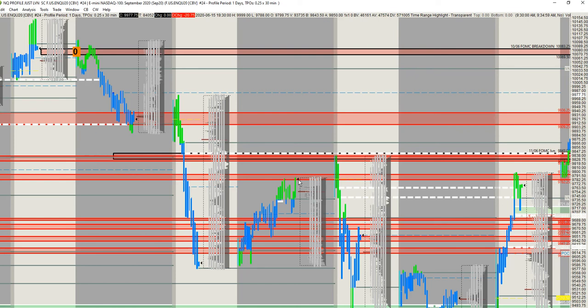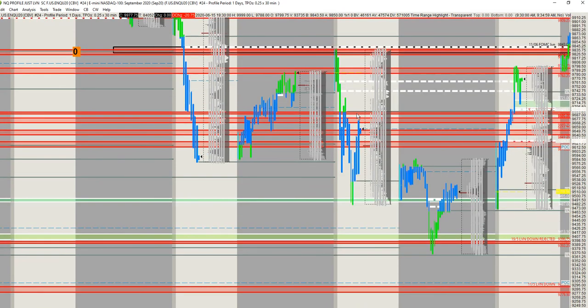Overnight we reject that. The next day we open right on it, and we reject the low volume node that we had, the single print here from the 11th of June. And again, at the end of the day, value is still overlapping to lower.